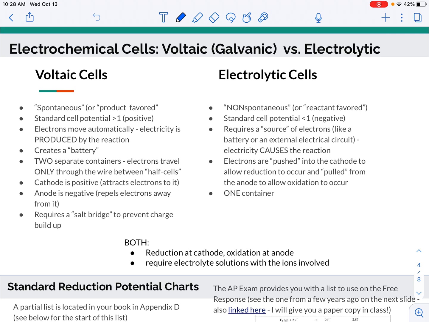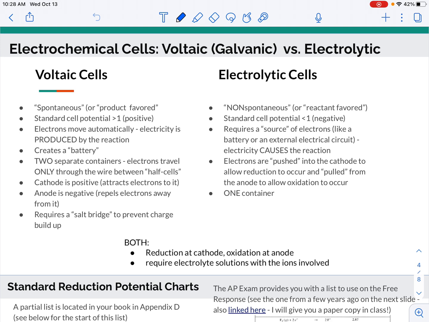The voltaic cells are something that we call spontaneous. This is an old term compared to thermodynamics, and we haven't done that yet, but that's okay. It basically means that the reaction will occur on its own without a force of something creating that reaction. So the new terminology for that would be product favored.